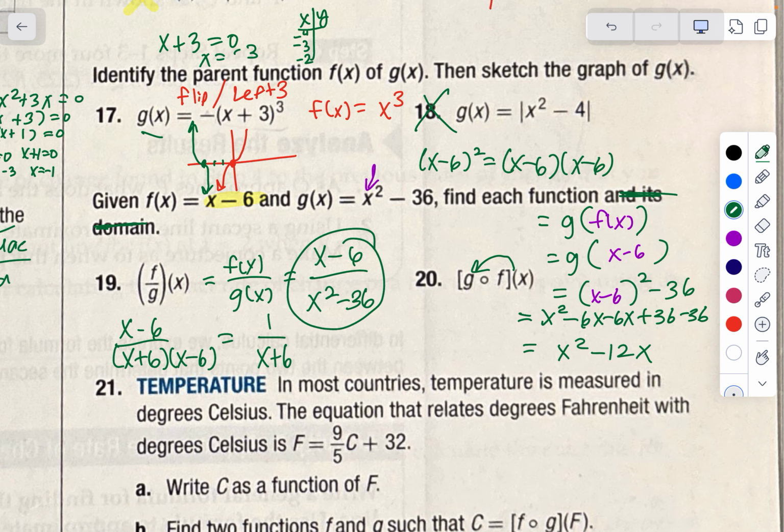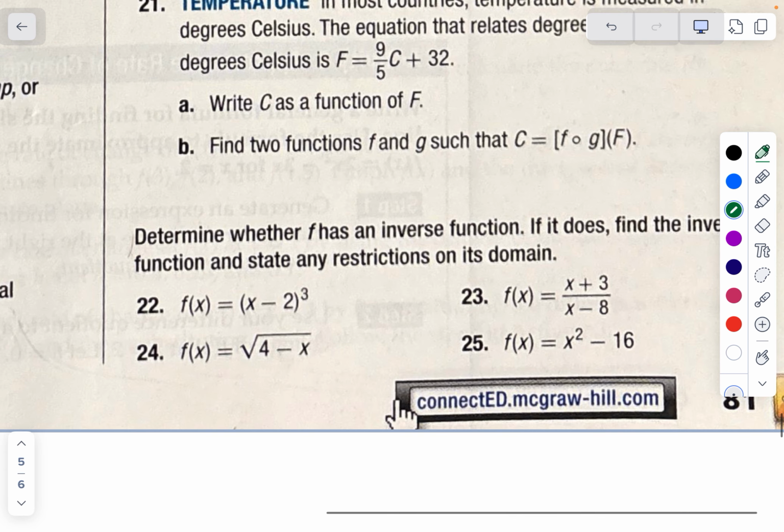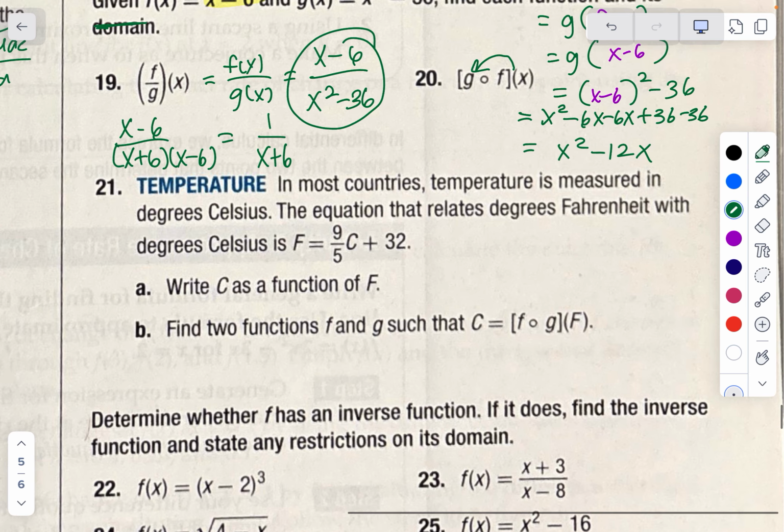Okay. We're almost done. 21. It says we've got this Fahrenheit function for Celsius, and we want to write C as a function of F. We're not going to do B, we'll just do A. So we're going to rearrange this function, solving for C. We're going to subtract 32 from both sides so that we get the C term alone.